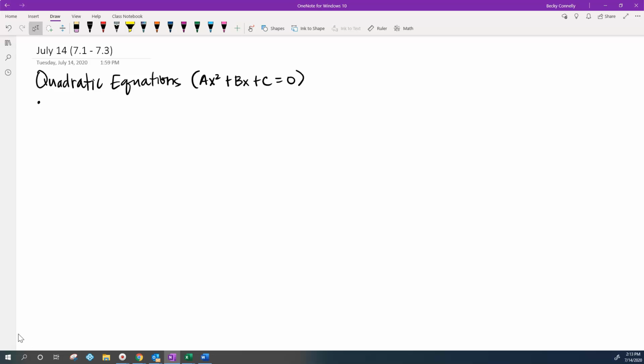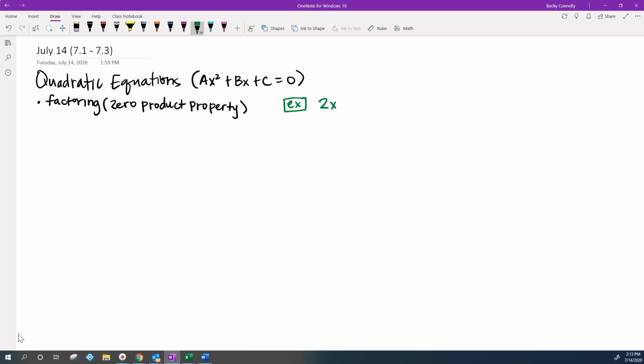And so we talked about one way already that we could solve these quadratic equations. We talked about if we factored them, right, we could use that thing called the zero product property, where we set it equal to 0 and then factor it and solve it, right? So maybe for a little example over here, just to remind you, this is what we're going to be building on today.